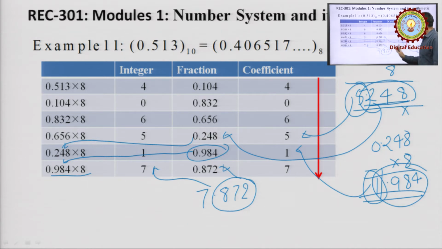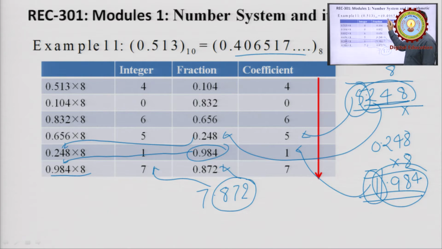We continue this iteration until we get the number of digits mentioned in the question after the decimal point, or until we get the value 0.